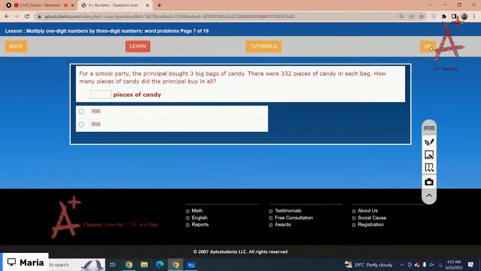Okay, for a school party, the principal bought 3 big bags of candy. There were 332 pieces of candy in each bag. How many pieces of candy did the principal buy in all? So you have to do 332 times 3. So which is the correct option?